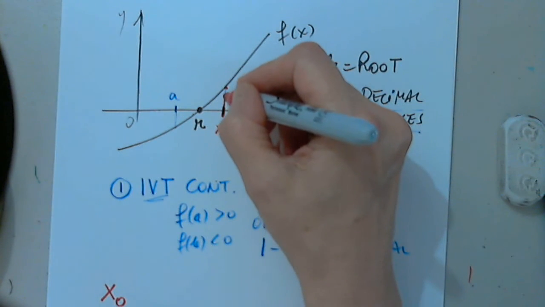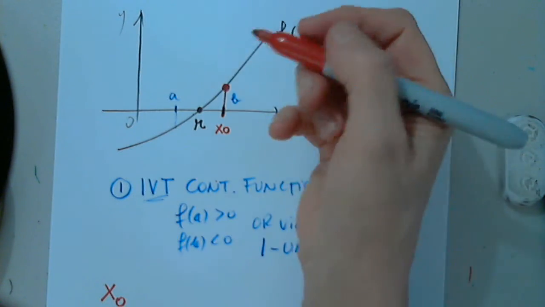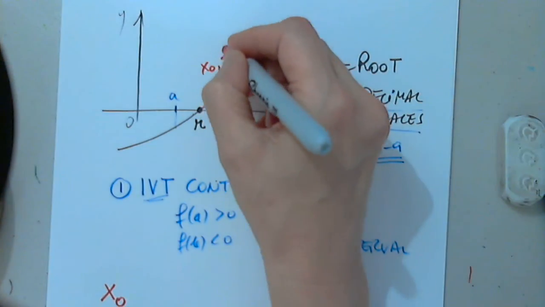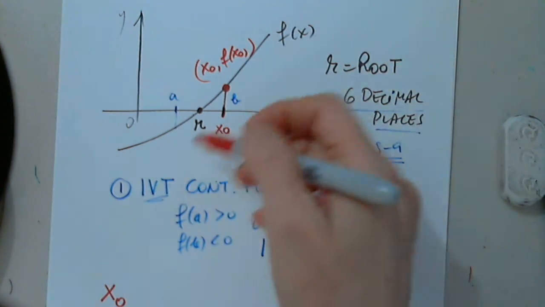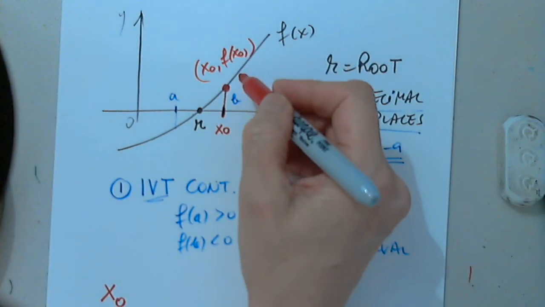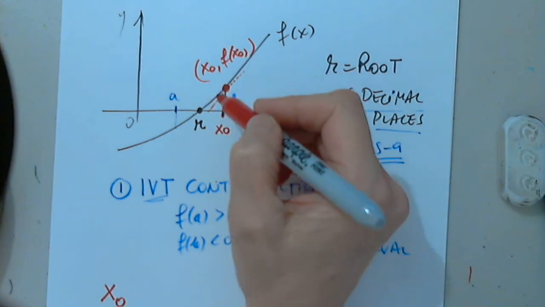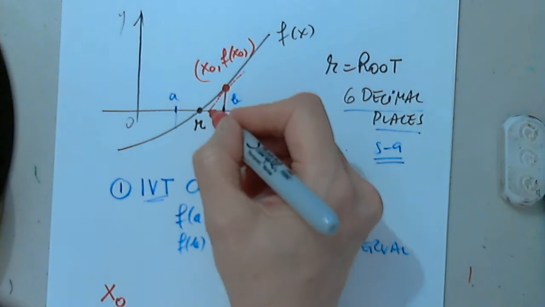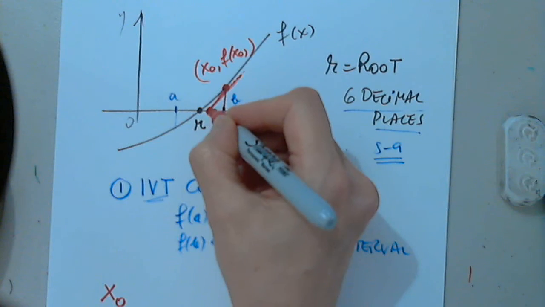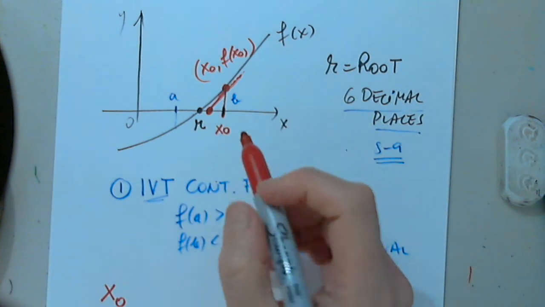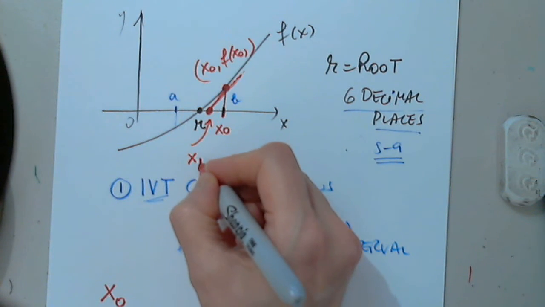I start with it, and I determine this point, which basically is x0 comma f of x0. It's on the function. And I will draw a tangent line to the graph of f of x, extending the line to cross the x-axis.